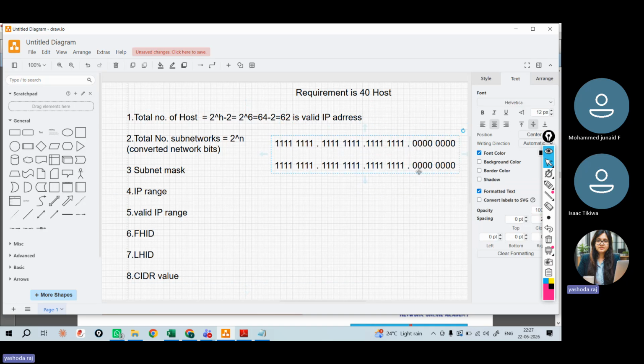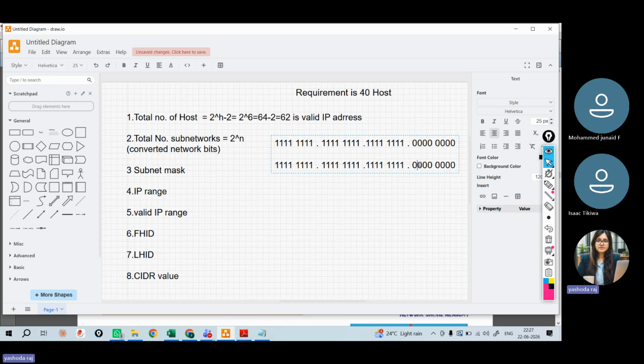Look into this. This is the default one. Here we have 24 bits for network and 8 bits for host. Now what we did, we used these 6 as host bits, and we have converted these 2 bits, changing those 2 bits to this.